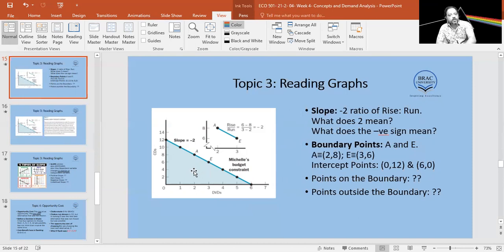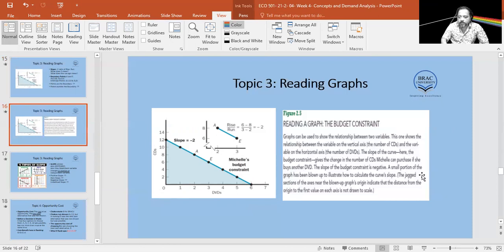We cannot go outside the boundary because our prices have been given externally. Our income is also set externally. That's why we can't go out of the boundary, but we can stay within the boundary. But in doing so, we will not be exploiting the best situation that we are in.